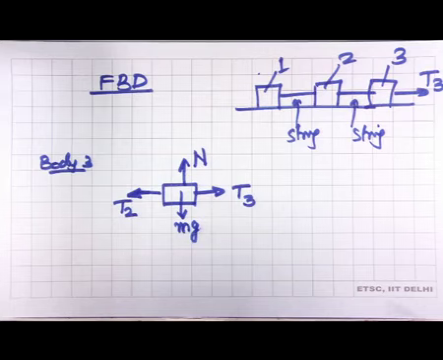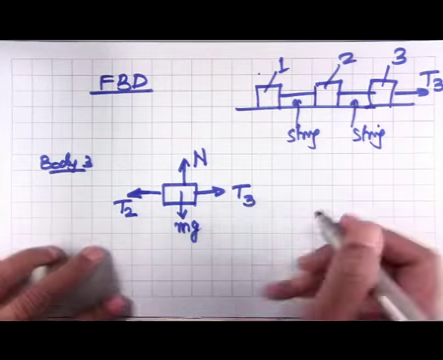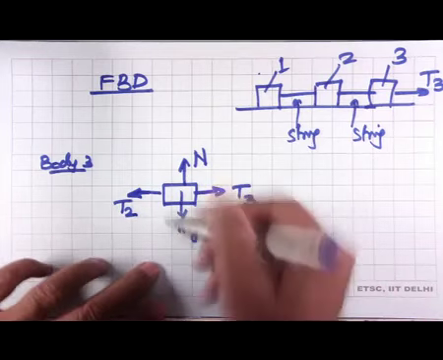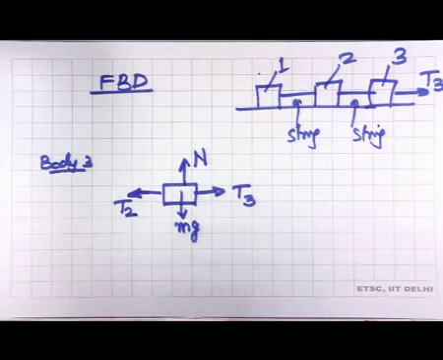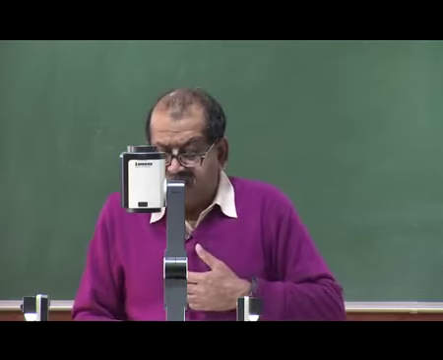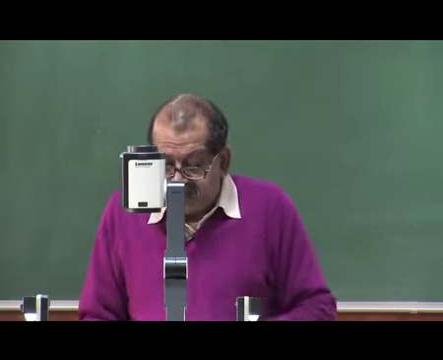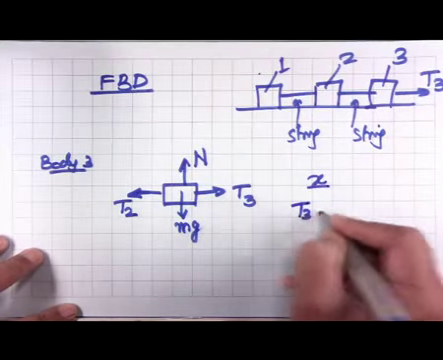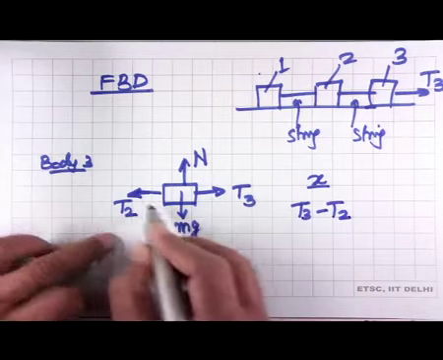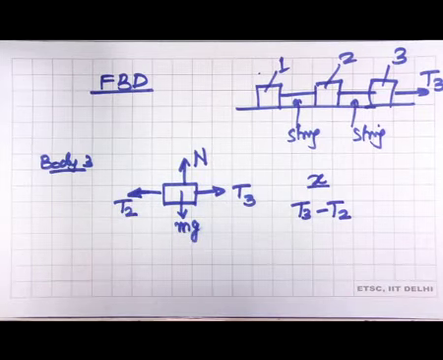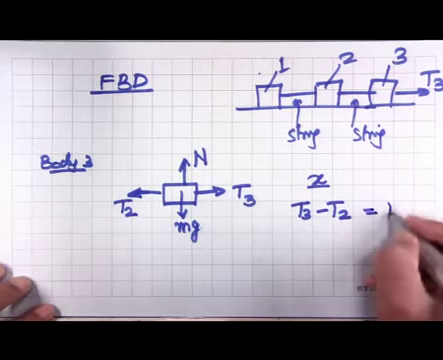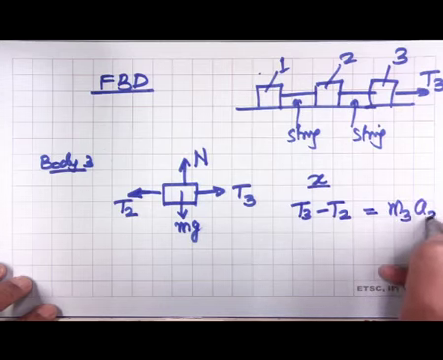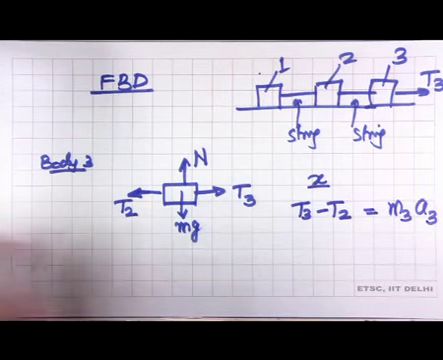This is the free body diagram of body 3, and in the y direction the normal reaction and weight balance each other. That is the equation, we do not get anything. In the x direction what we get is T3 minus T2, this is the net force in the x direction, and this must be equal to m3 times a3. So, this is the equation which I get.